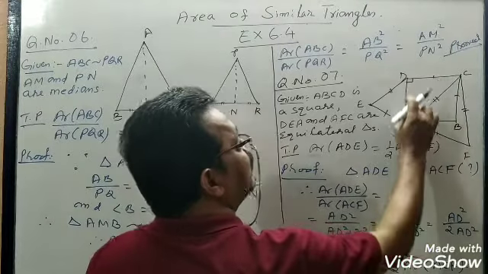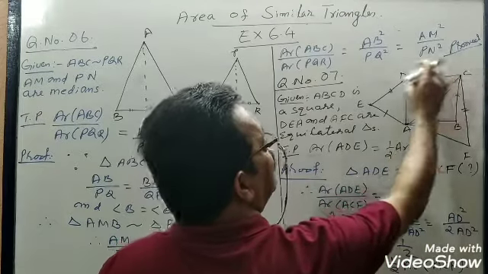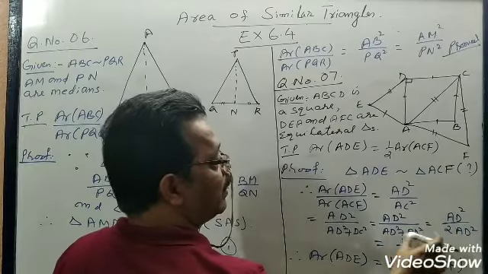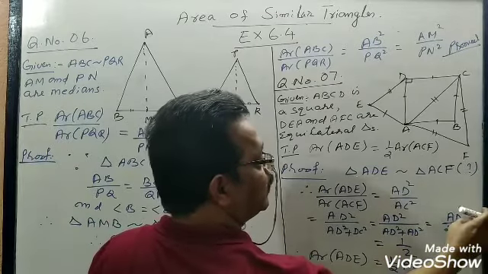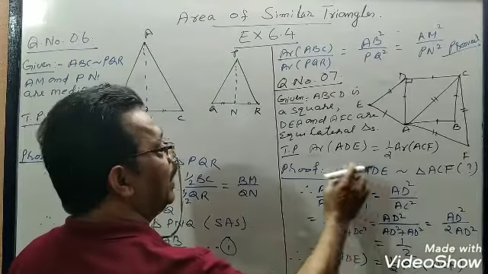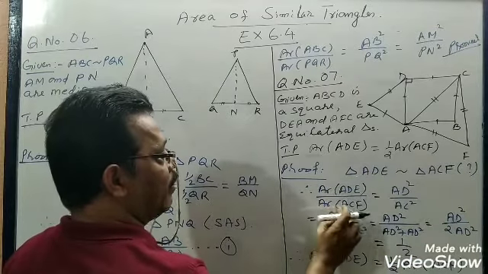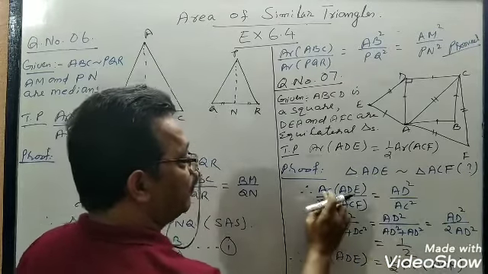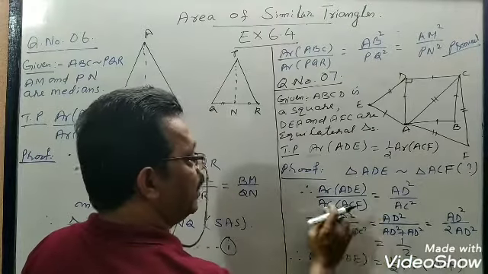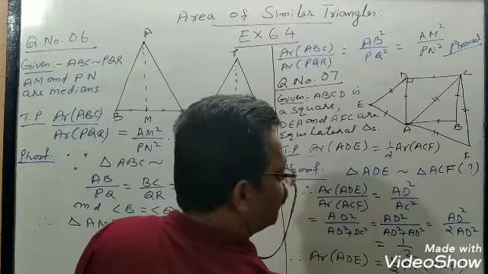So, in place of DC we can take AD. So, AD square plus AD square, that is 2 AD square. AD square cancel, then 1 by 2. Therefore, area of triangle ADE by area of triangle ACF equal to 1 by 2. That means area of triangle ADE equal to 1 by 2, half of area of triangle ACF, we proved.